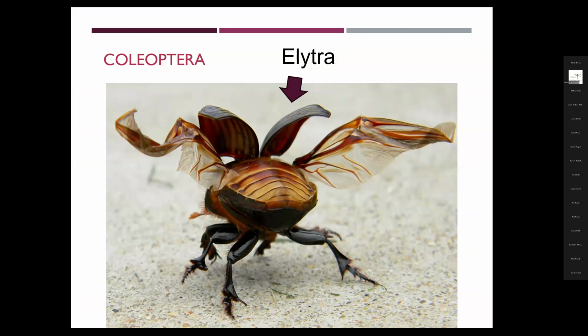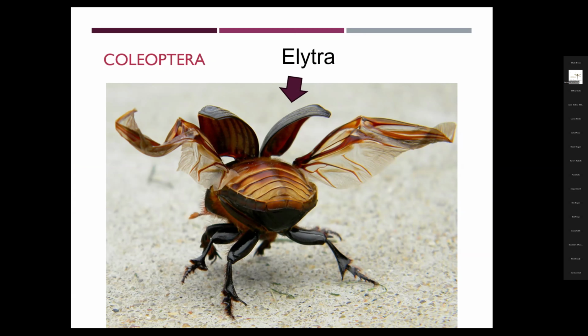But all beetles are going to have, in the adult stage, elytra. The front pair of wings are hardened and they don't have any wing venation in those front wings. The hind wings are membranous, and if the beetles can fly, not all beetles fly as adults, but those that do only are going to use their hind wings.